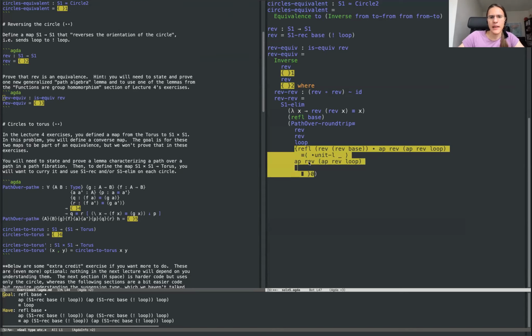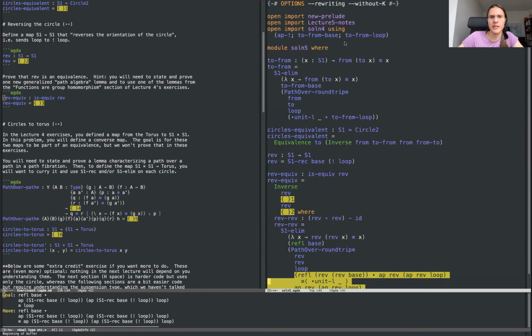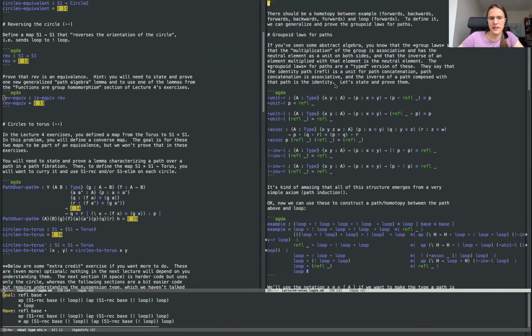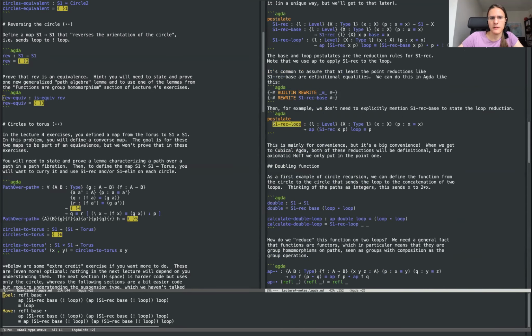Good. Okay. Now here we're going to do something. Let's just put app of app rev onto the front of this. And then let's do something with app rev. What we're going to do is the thing that I just cleared my buffer for, and I need to get it again. It's S1 rec loop.